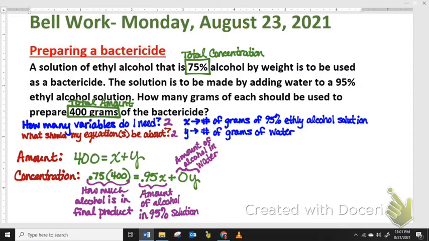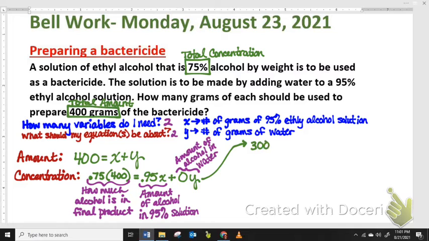I'm going to start with this hot mess down here because, well, it looks like a mess. It cleans up pretty fast. Is there anything here that I can simplify? Is there anything that I can simplify from that bottom equation? 0.75 times 400 would be how much? 300.